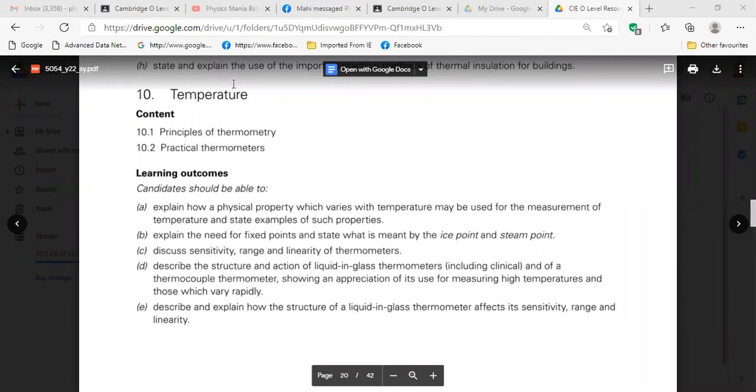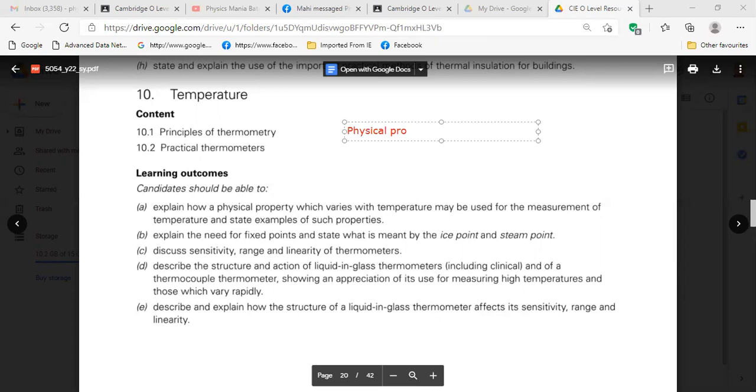So I'm writing here. We can make the ideas here. You give the heading physical properties, make a table. This is learning outcome A. We are doing physical properties.